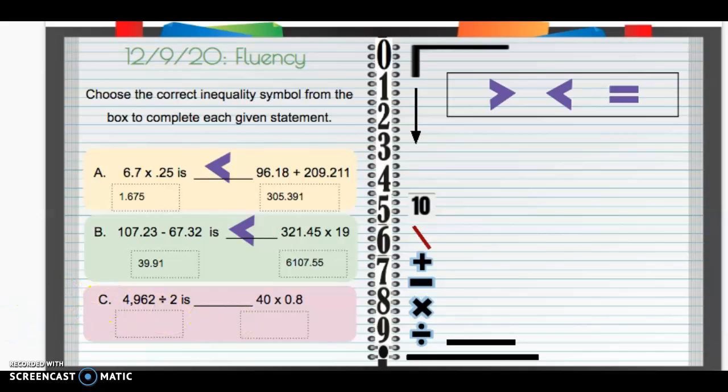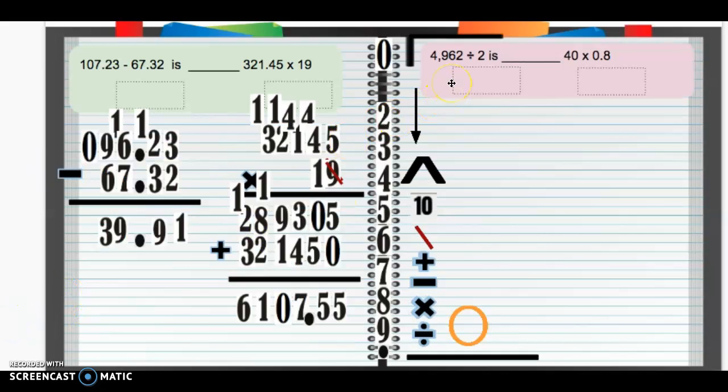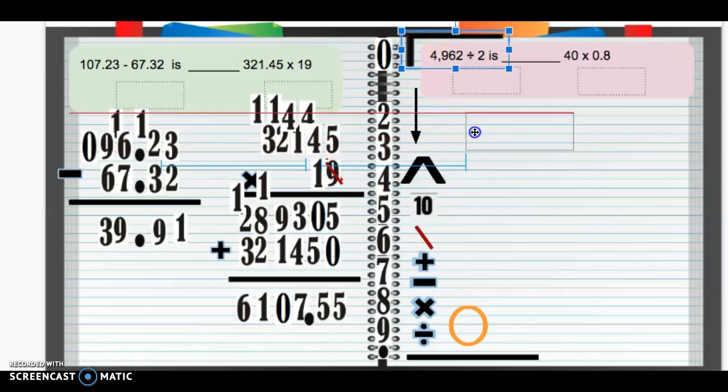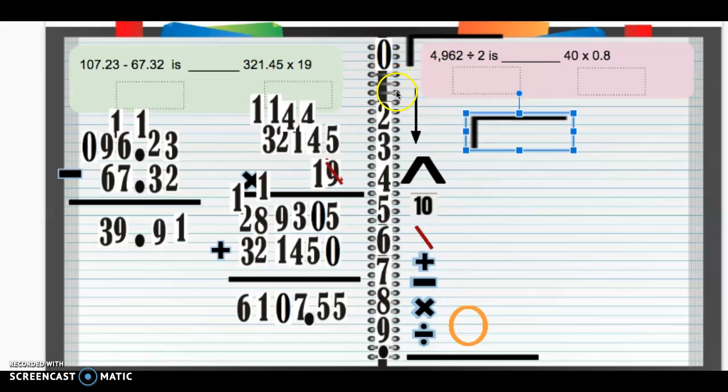Last one we have to solve is 4,962 divided by 2. So take our division and we put our dividend inside, which is 4 because it's the first number. It's the number we're breaking into groups. 4, 9, 6, 2, and the 2 on the outside.